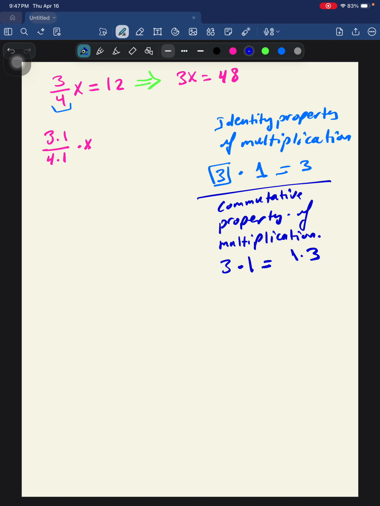This is the same answer. So we change 3 multiplied by 1 to be 1 multiplied by 3.